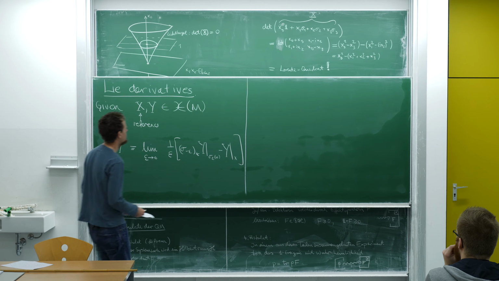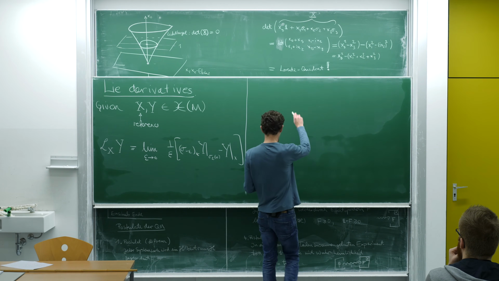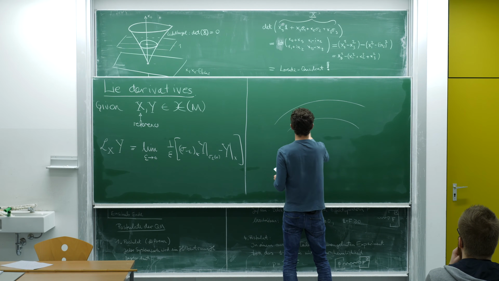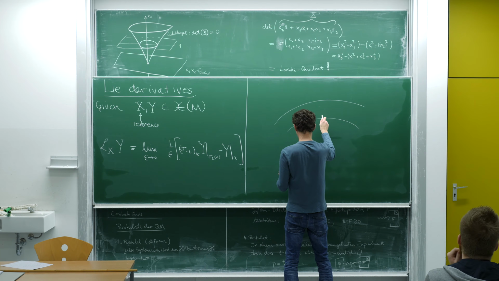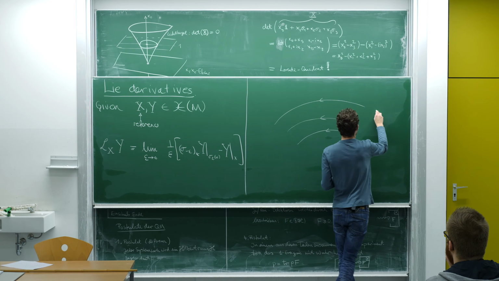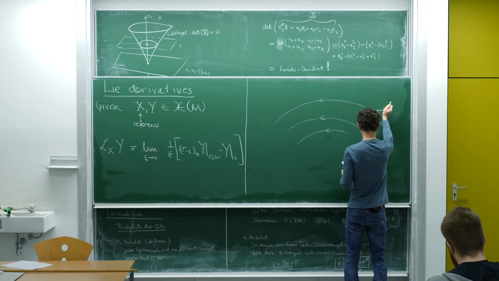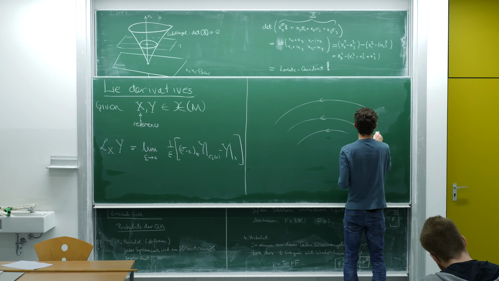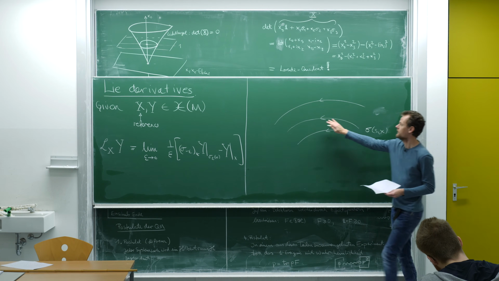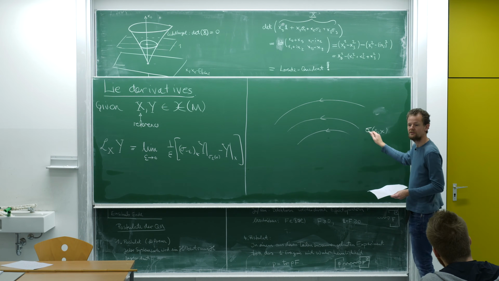So the picture we have in mind here is we have some reference vector field, and we have some flows along these vector fields. There's some vector field on our manifold.